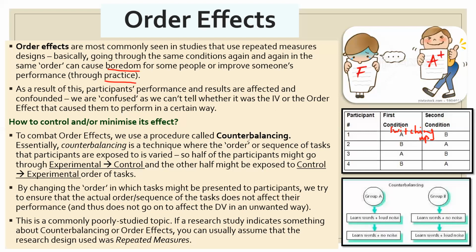Okay, so that's basically called counterbalancing. Counterbalancing is when we switch up the order of the tasks or the sequence of the tasks. So the participants are not going through the same sequence of tasks, they're kind of mixing it up, okay? And so this might actually help to keep their interest and not affect their performance in the way that it usually might.